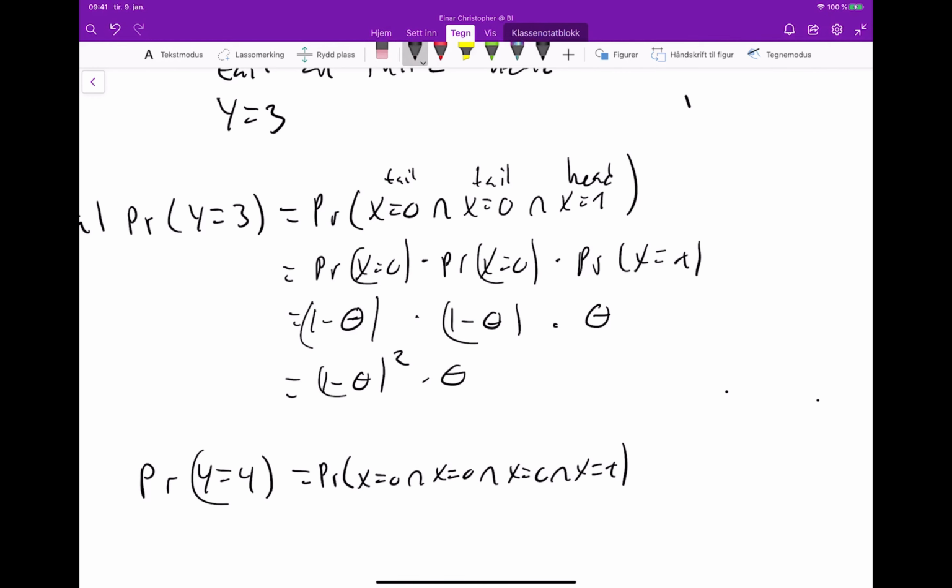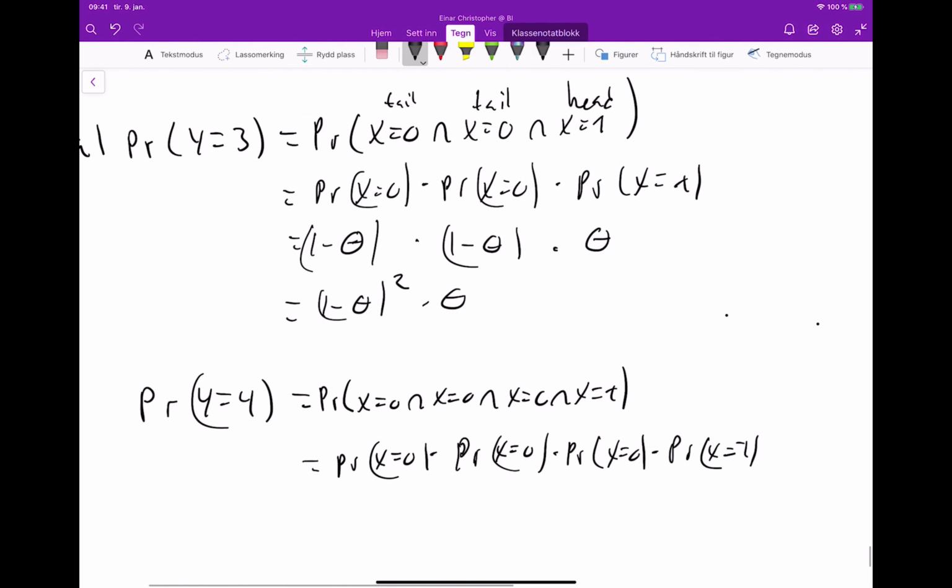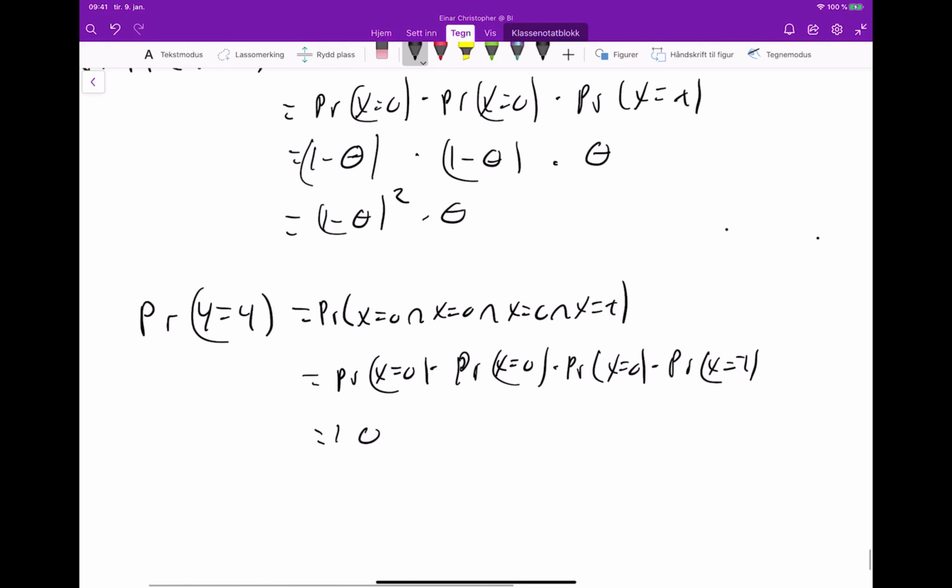Which is equal to the probability of x equals 0 times the probability of x equals 0 times the probability of x equals 0 times the probability of x equal 1, which of course is 1 minus theta times 1 minus theta times 1 minus theta times theta, which is 1 minus theta to the power of 3 times theta.